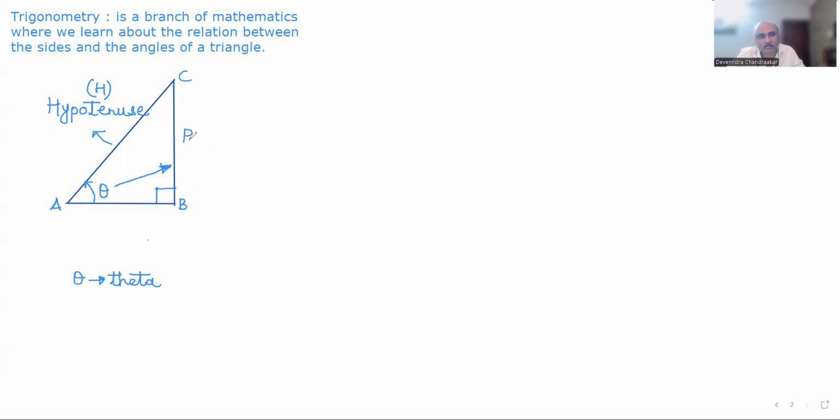This side is called the perpendicular. If this is perpendicular and this is hypotenuse, then the last side is called the base. So hypotenuse is the longest side, the side opposite to the angle is called perpendicular, and this is the third side.